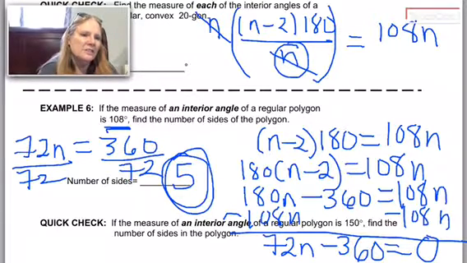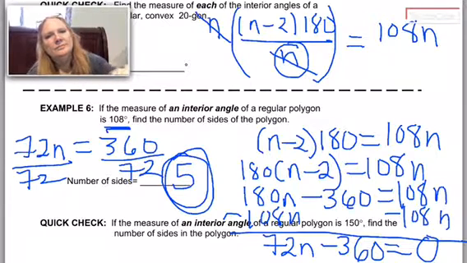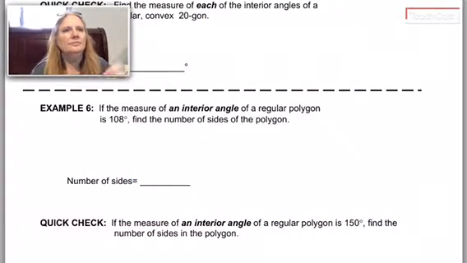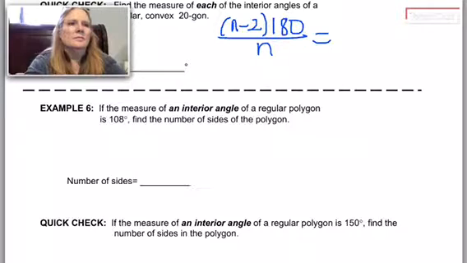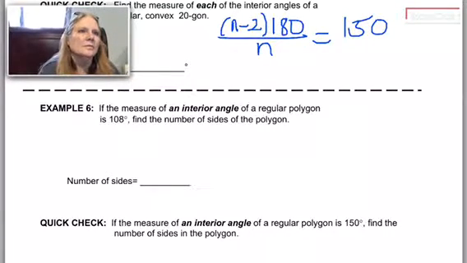If the measure of an interior angle of a regular polygon is 150 degrees, find the number of sides. I hope you paused and came back, but if you need to watch another one, here I set it up.